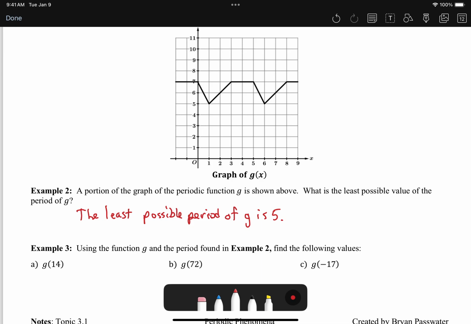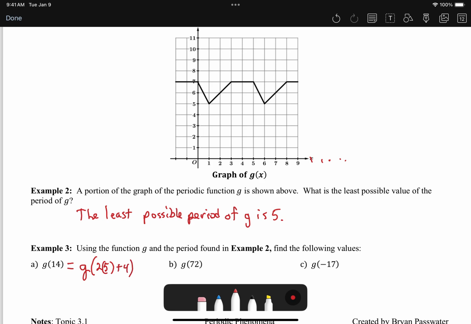In other words, let's look at g of 14. What would g of 14 be? Well, you could extrapolate this out if you wanted to, but that would take a while. But we know the period's 5, right? Well, 2 times 5 is 10. So what if we did 2 times 5 plus 4?